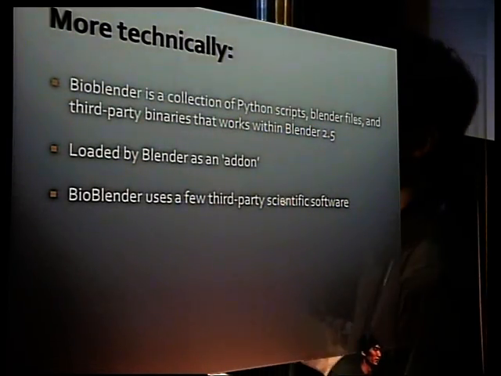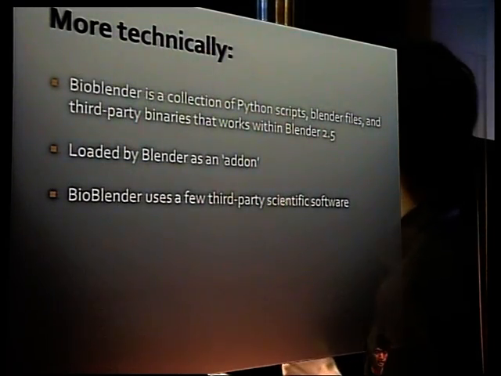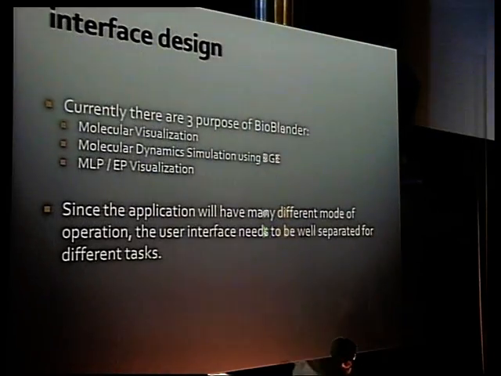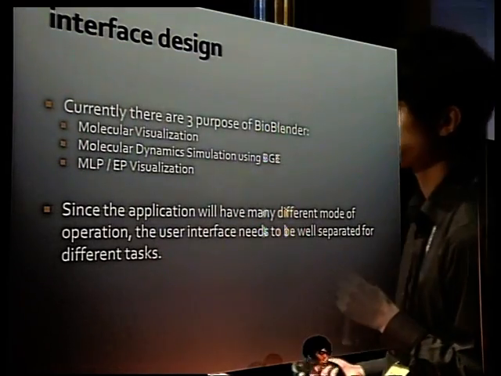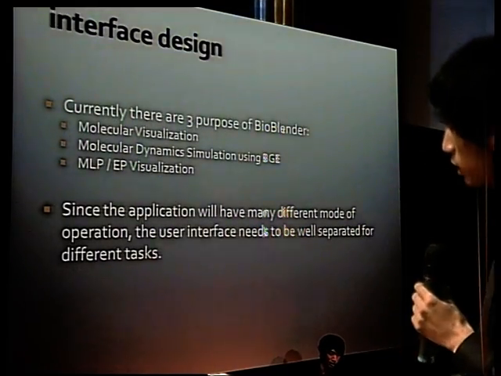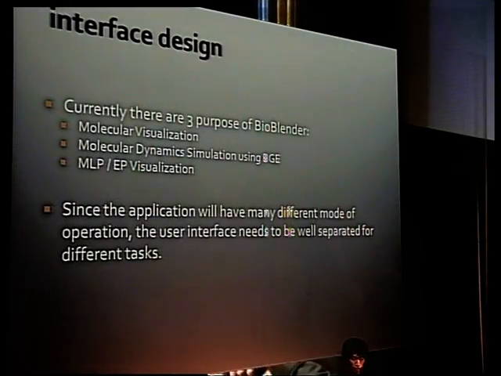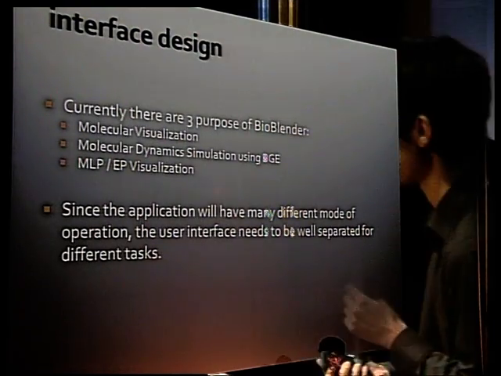So we do have some binaries, well, most of them are free, that the BioBlender application will use. So as I mentioned, right now BioBlender can do 3 things. It can visualize the molecules, run the physics simulation, as well as generate movies with really good visual quality.